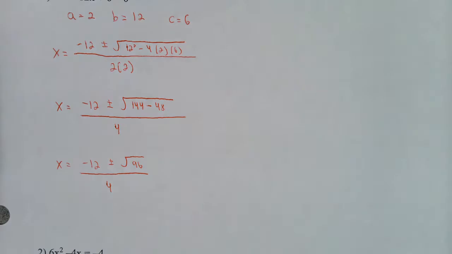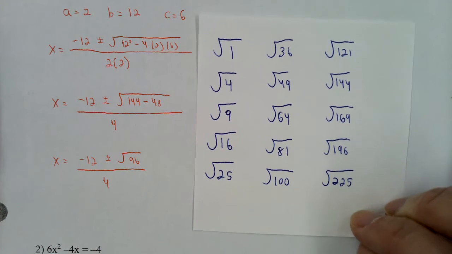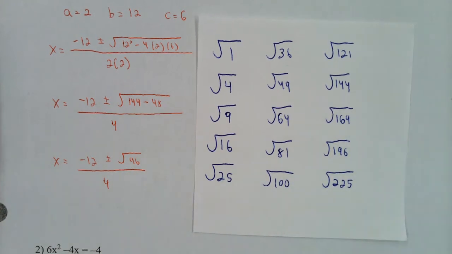And now we're going to simplify the square root of 96 using our list of perfect square numbers. I wrote those down on the side. Find the biggest perfect square that's a factor of 96. Okay. So 4 works. 9 does not work. 16 works, and I'll tell you ahead of time that's going to be the biggest one.